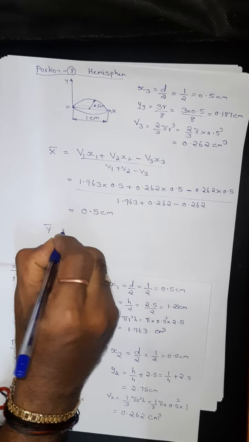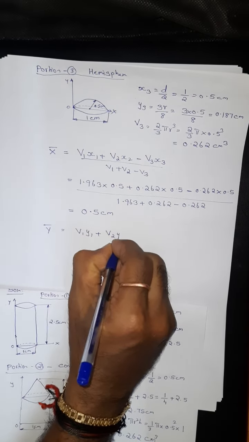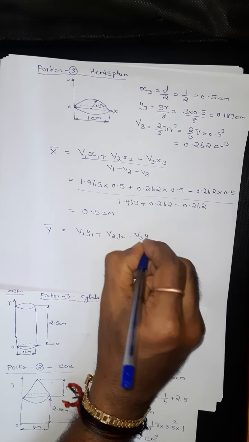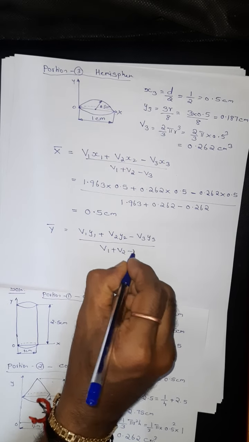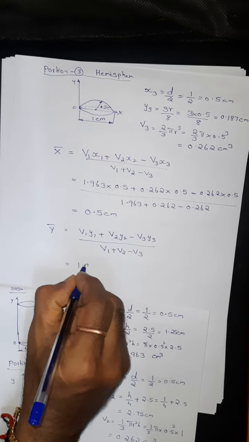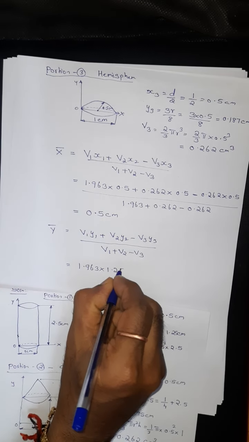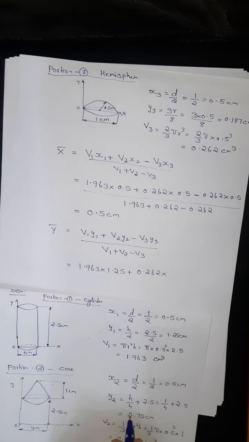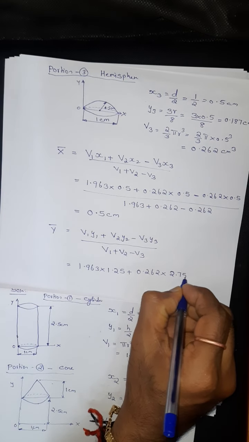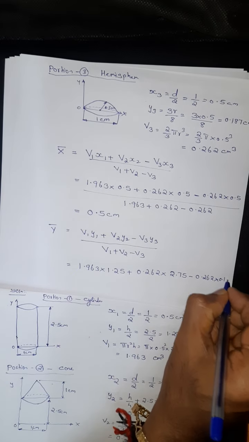Then similarly y bar you will have to calculate. So the y bar formula is V1 y1 plus V2 y2 minus V3 y3 divided by the sum of the volumes. So V1 1.963 into y1 is 1.25, it is 1.62 into V2, sorry, the y2 is 2.75, minus V3 into y3 0.187.